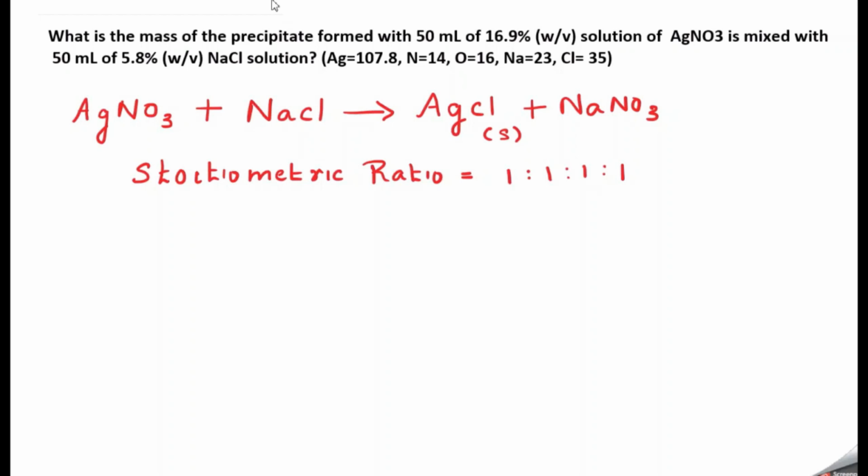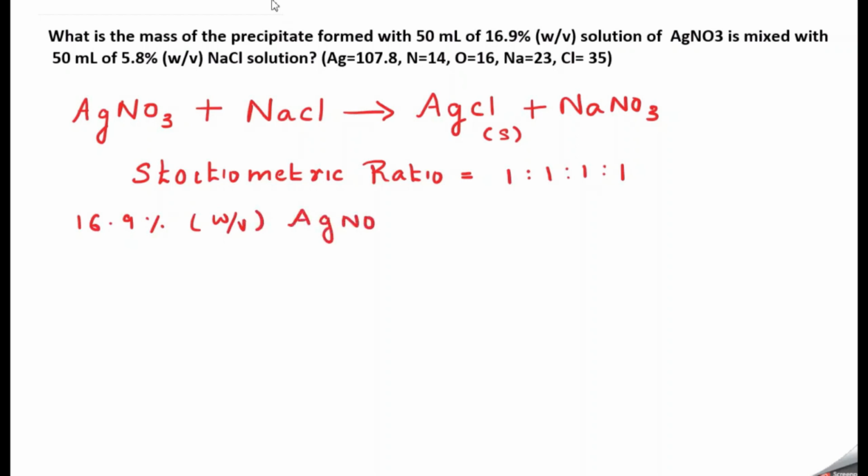Now what is given here? Given here is AgNO3 solution, but have they given it in terms of number of moles? No. So we want to convert that into number of moles. So how will we do that? They have told 16.9 percentage W by V AgNO3. What does this mean actually?